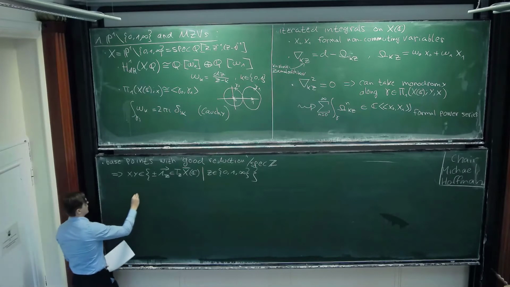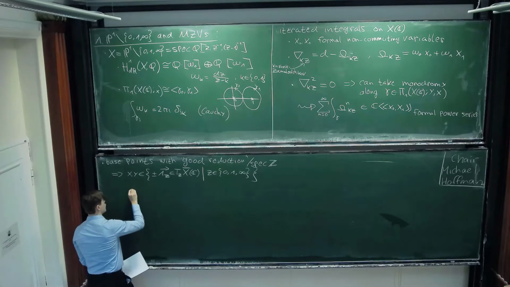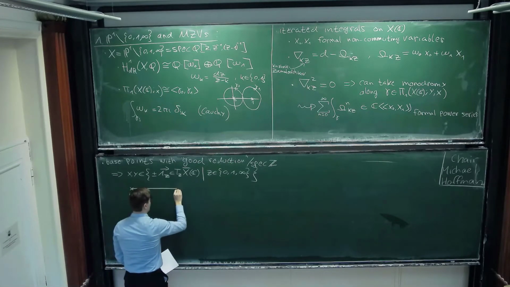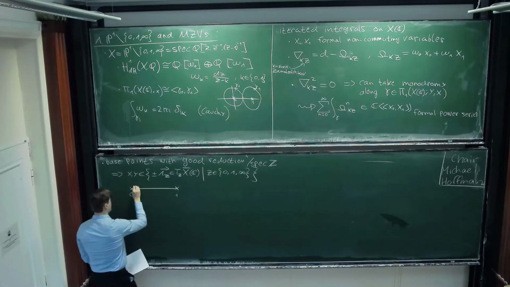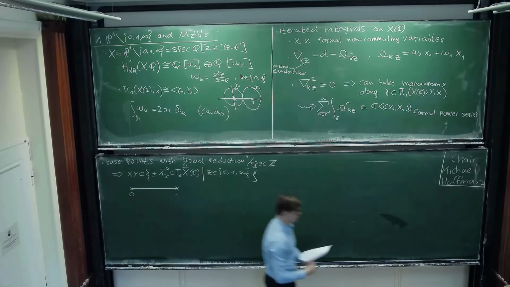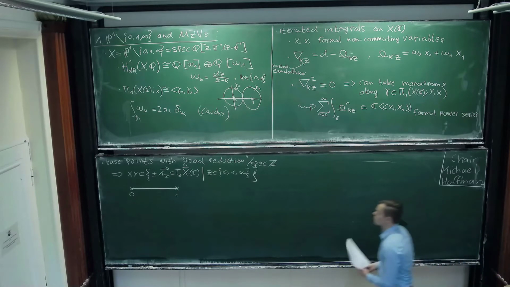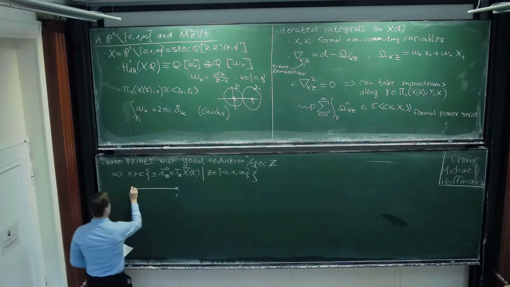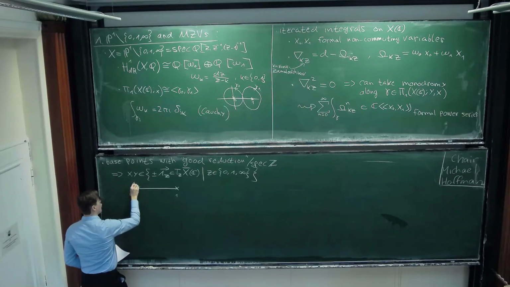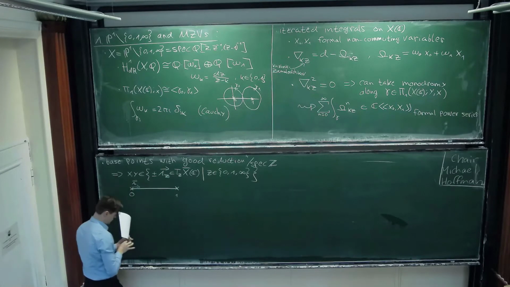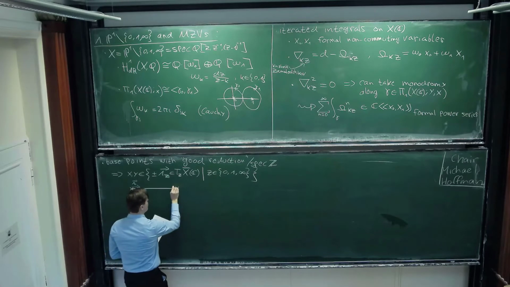Okay, and in fact, we're going to look at 0, 1, so we have the base point. Maybe I can use a different color now. So this here's the base point 1 at 0, and here we have the base point minus 1, 1.